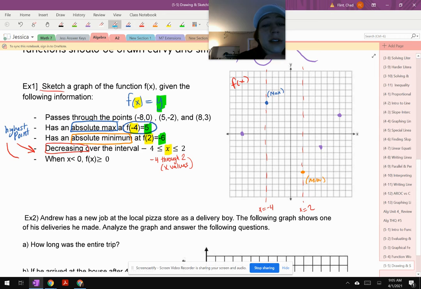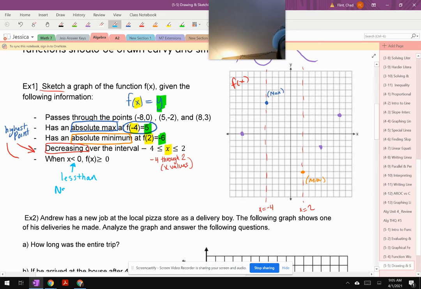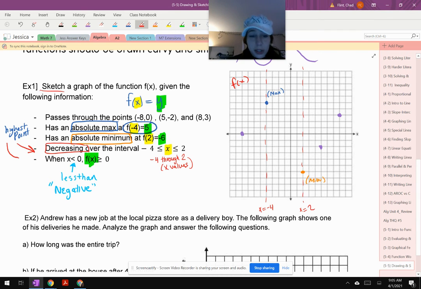And then this last one is a little confusing. So when x is, what does that inequality say? When x is, use your hands, less than 0. Let's think about this for a sec. If x is less than 0, that means that x is what? How could we describe it if it's less than 0? Well, that would be negative. So when x is less than 0, f of x, meaning my y value, has to be greater than or equal to 0.